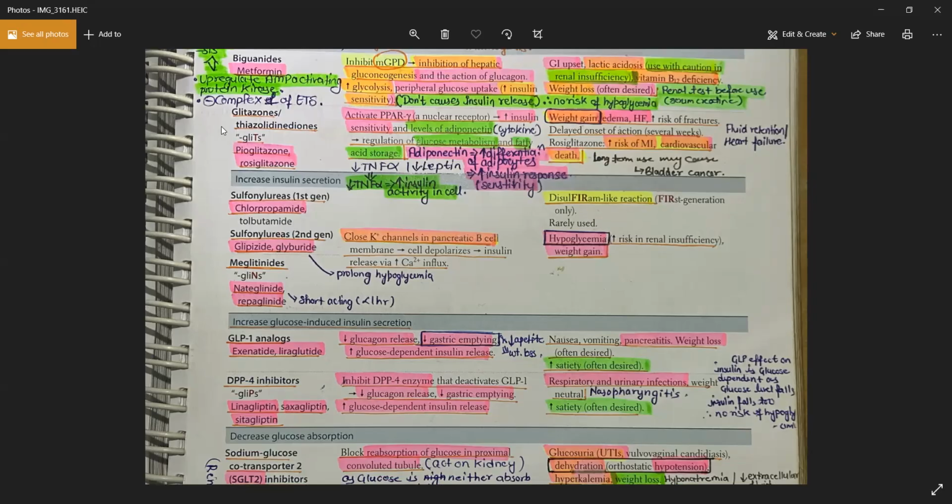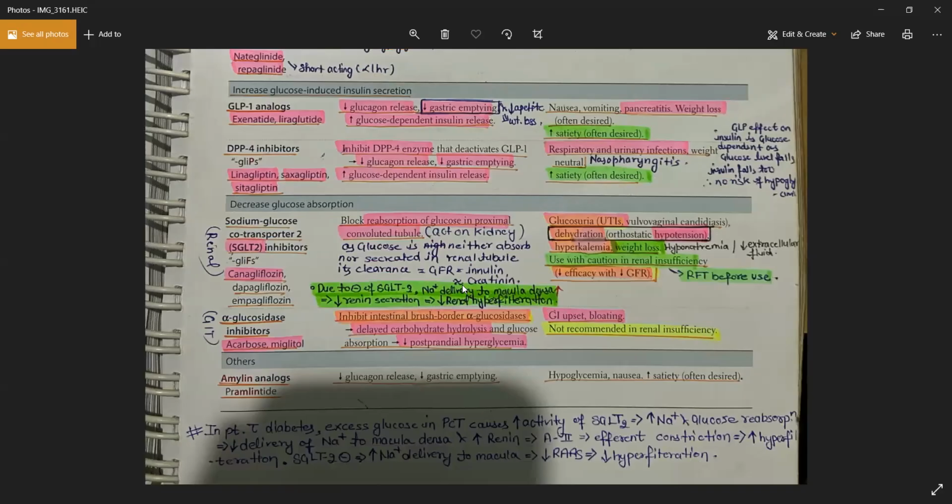Although I've never encountered any question, it was just a fact which I've seen somewhere that for long-term use, the glitazones can even cause cancer. Not much important for Step 1, don't worry about that. The important part is the edema, the volume overload. It's just a fact, if you want to remember, you can remember it, that they can cause bladder cancer in the long term. But I have encountered no question on this fact. Okay, thank you.